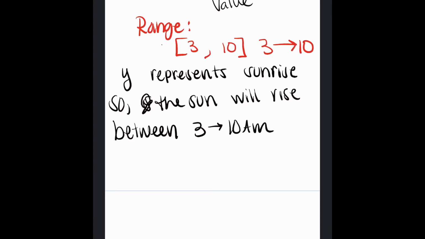What's nice about this range is it lets us know that the sunrise in Alaska is a little funky, but no matter what time of year it is, it's going to rise between 3 and 10 a.m.